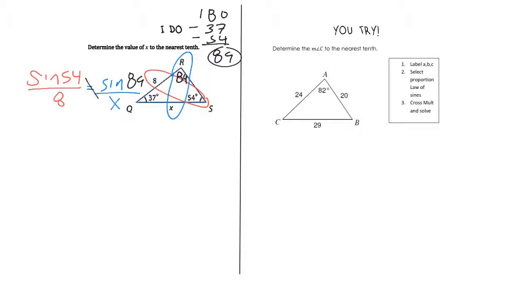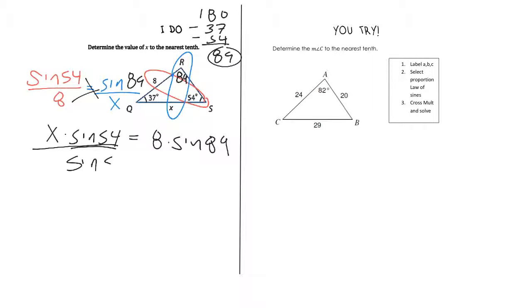Now I could just cross multiply to solve. x times sine 54 equals 8 times sine 89. Now sine 54 and sine 89 are just numbers. So if we have x times a number, to move it to the other side, I've got to do the inverse, or divide by sine 54.